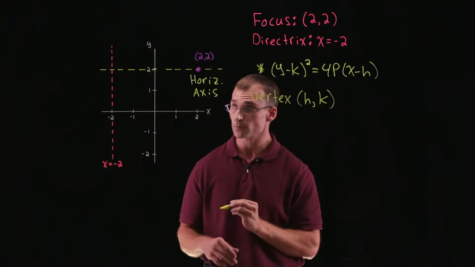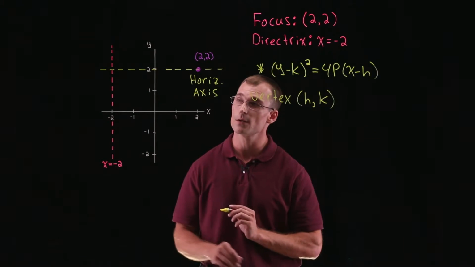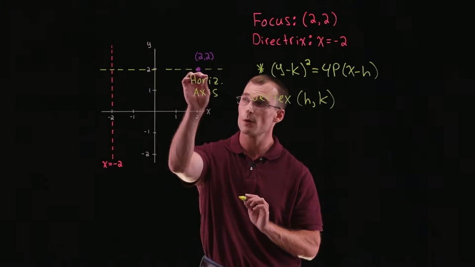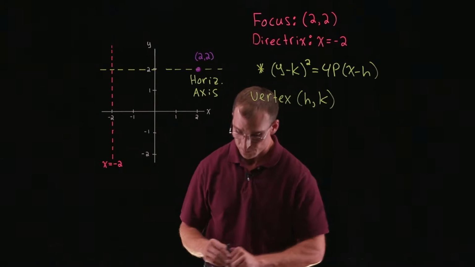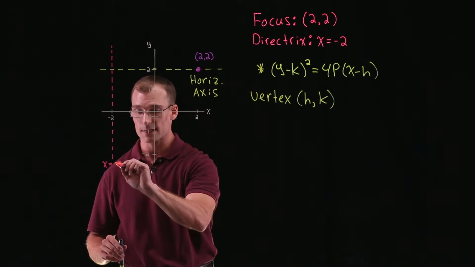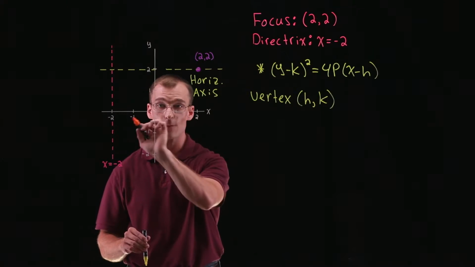Of course, there's a more formulaic way of doing it, but based on our graph here, we can do that. The vertex, if you remember, is the midpoint between the focus and the directrix, so it's the point that lies equidistant between the two. Over here our directrix is at negative 2, and our focus is at x equals 2. The total distance would be 4.